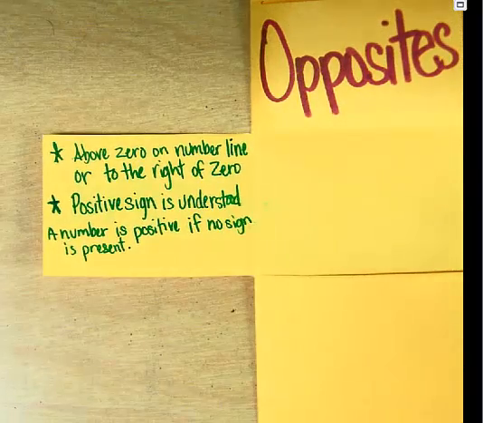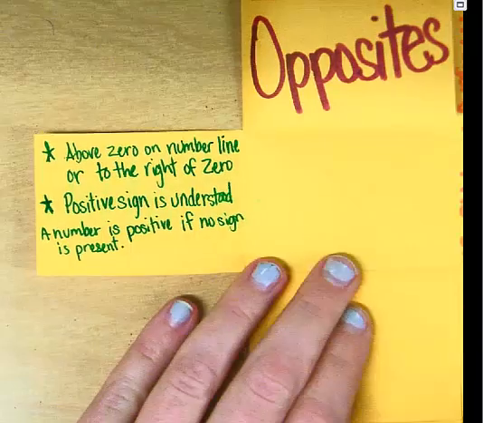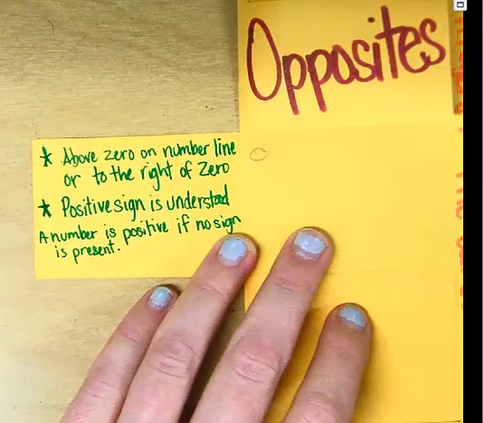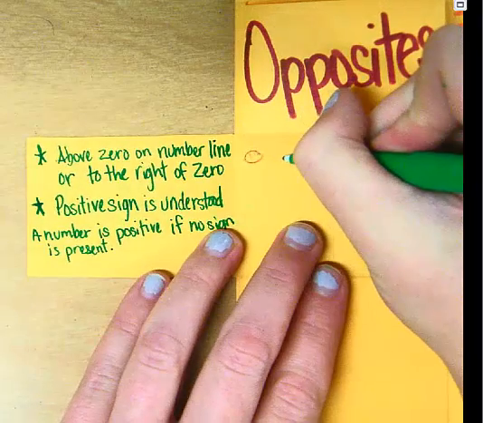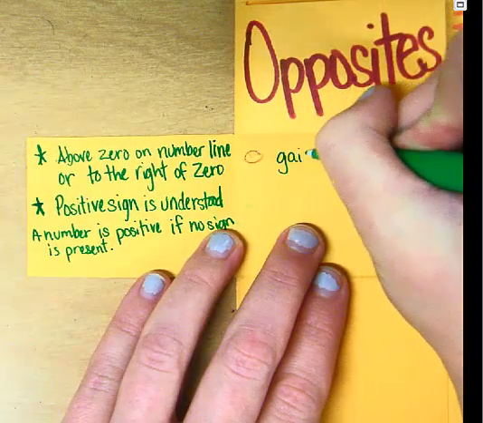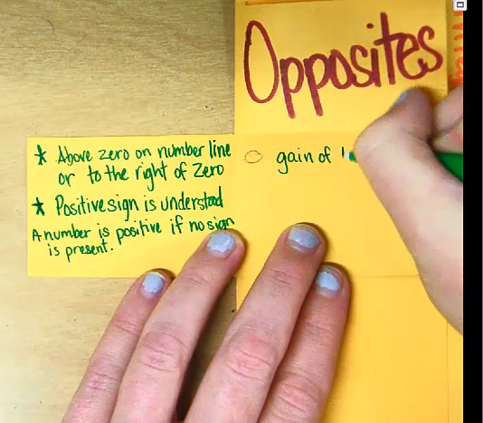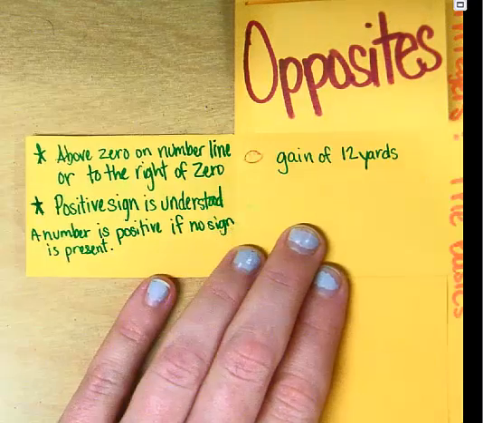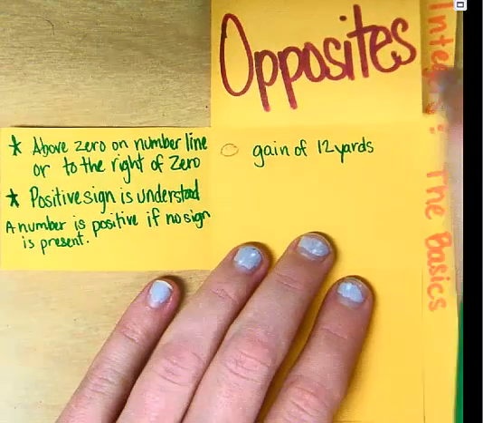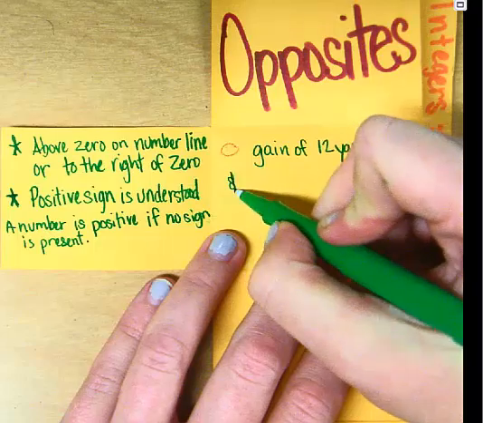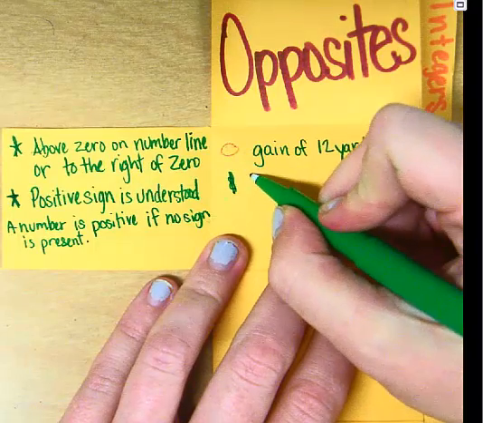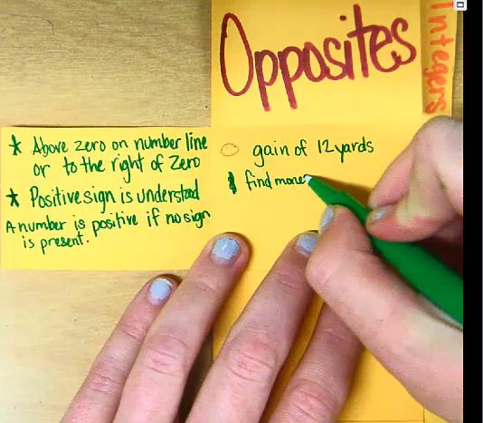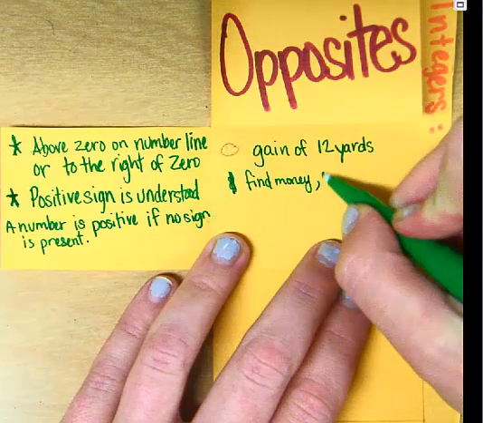Examples. It's football. If you have a gain of 12 yards on a play, go Vikes. That's a positive thing for the football team. If we're dealing with money, if you find money, that's good for you.